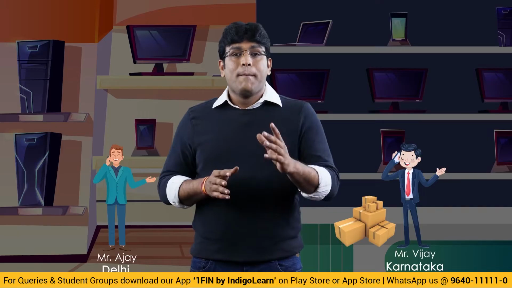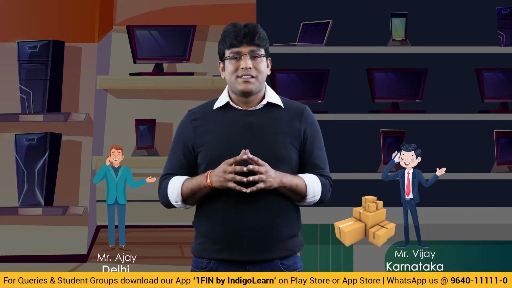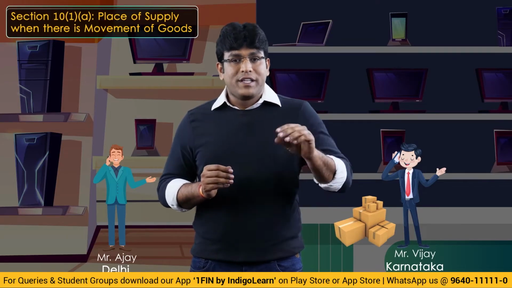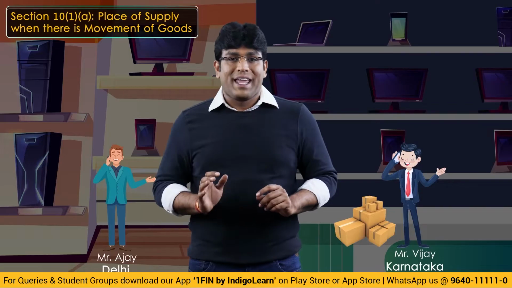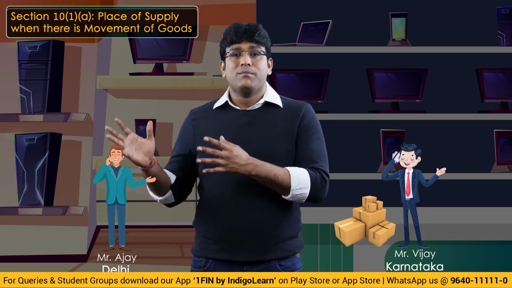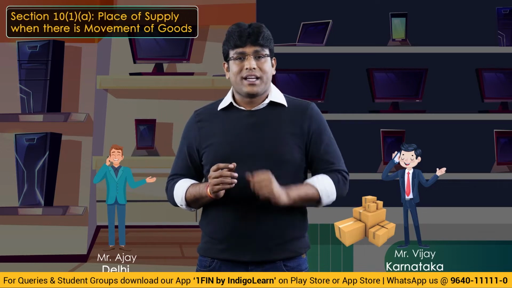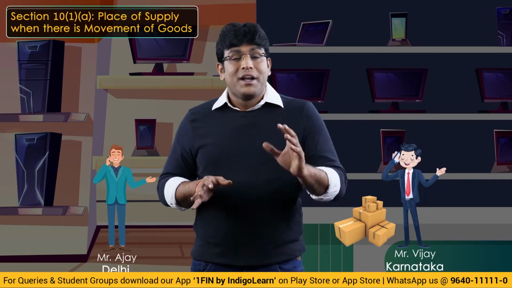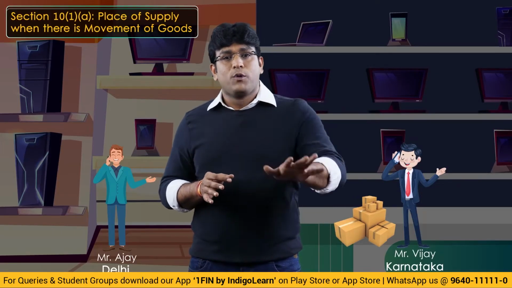Now, in this particular scenario, how do we determine place of supply? For this particular scenario, my dear friends, we have got one section known as section 10 subsection 1 clause A, which specifies place of supply in case where there is movement of goods. If you observe here, electronic goods are being moved from Delhi to Karnataka, correct or not? Now there are 3 possibilities how that movement can happen.